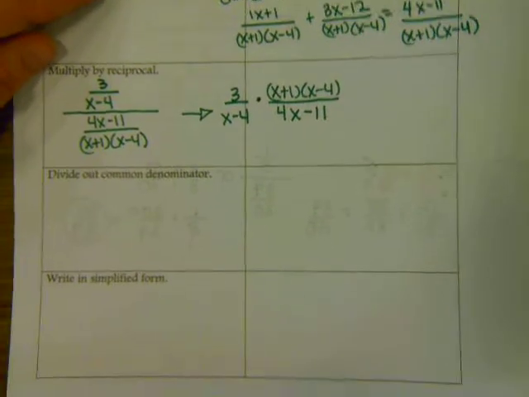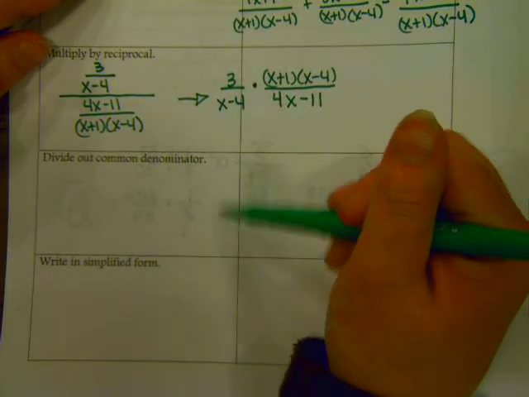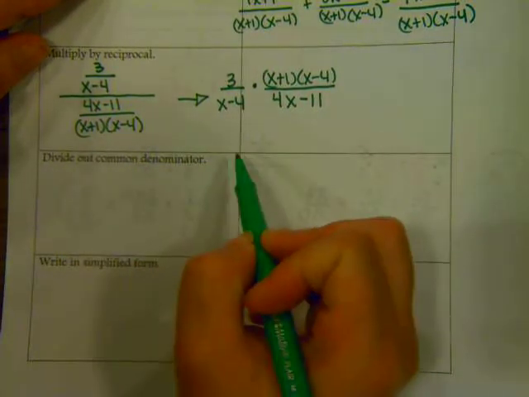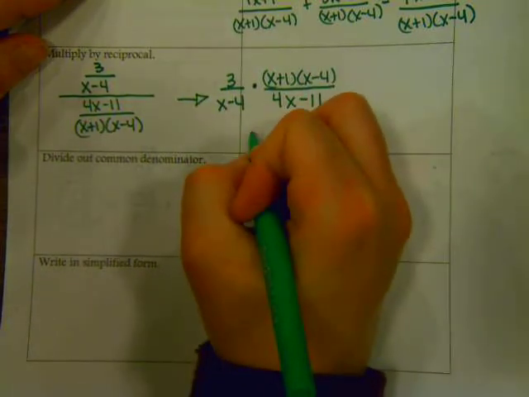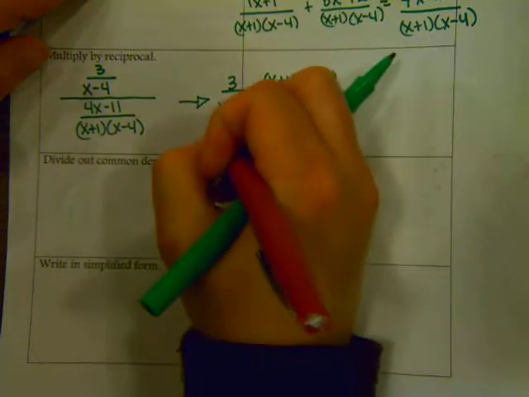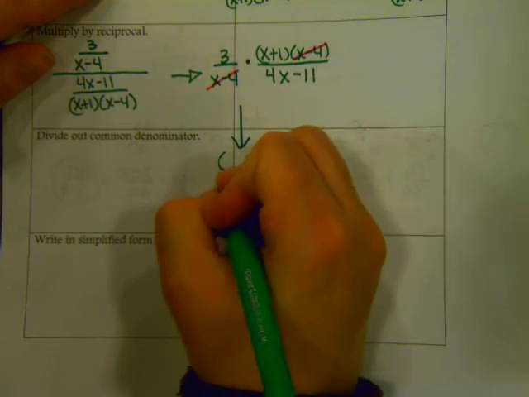Now here, right away, I guess I didn't need to make this little chart, but from here, dividing out the common denominator is the same thing as crossing off. So this step we can basically do right here and cross off that common factor, which we did there. So remember, that's the same thing as crossing off.